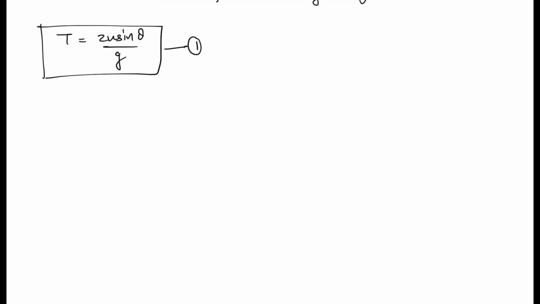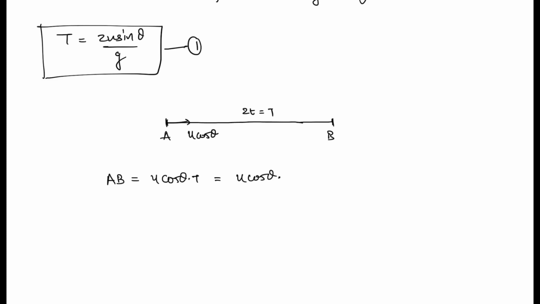Now if we want to analyze the total maximum range, or say horizontal range, from A point to B point, AB can be written as horizontal velocity u cos theta times the time taken 2t, which is capital T. So it is u cos theta into 2u sin theta divided by g.